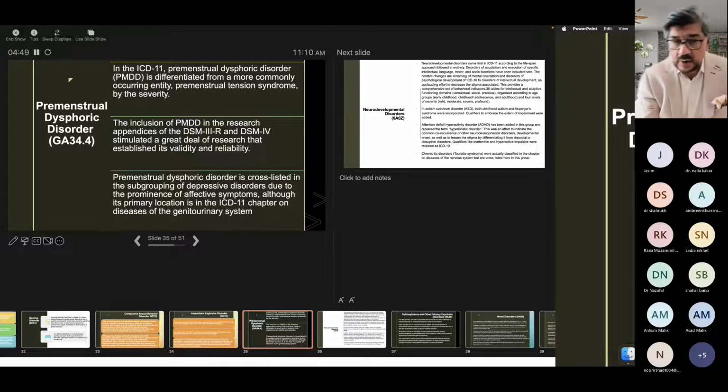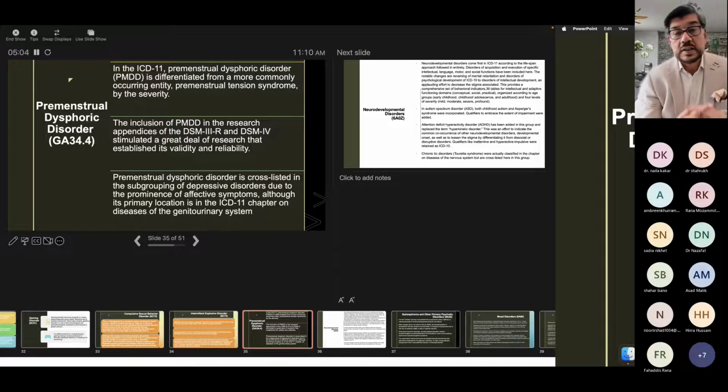Premenstrual dysphoric disorder is cross-listed in a subgrouping of depressive disorders due to the prominence of affective symptoms, although the primary location is in the ICD-11 chapter on diseases of the genitourinary system.